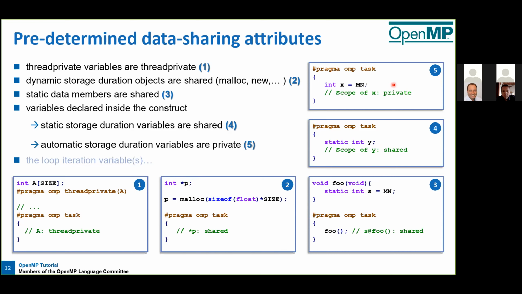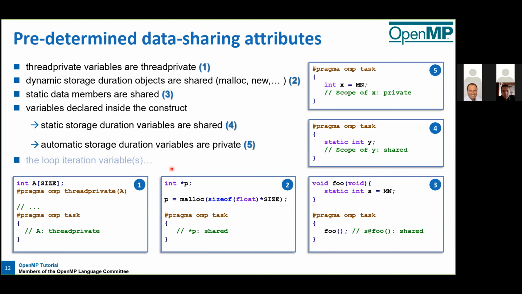And then finally, everything within a task that is called automatic storage location, at least in C and C++ programs, are private variables. That means the declaration is encountered by the threads or by the task, and then the variable is being created on the individual thread's stack. It's a private variable, uninitialized.